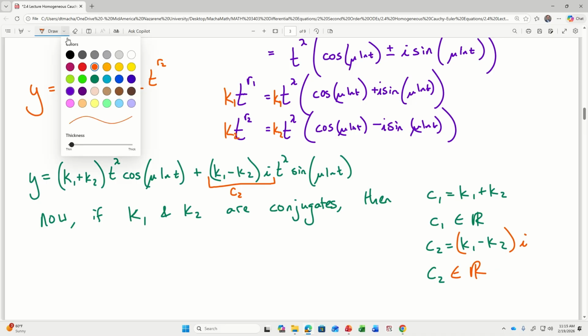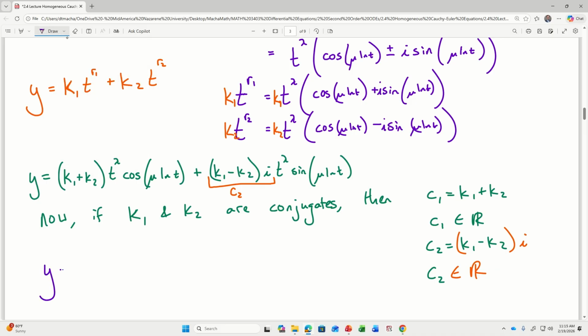So finally, the way that I can write my solution in a way that only involves real numbers is like this. And it should really remind you of the solution when we had constant coefficients. But there are little differences, like instead of e to the t, we have t to the power lambda.